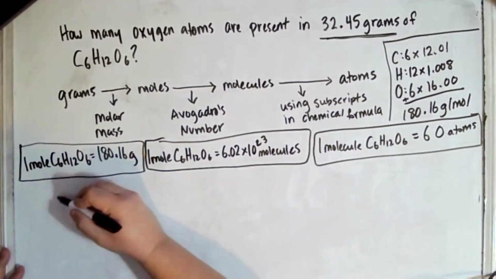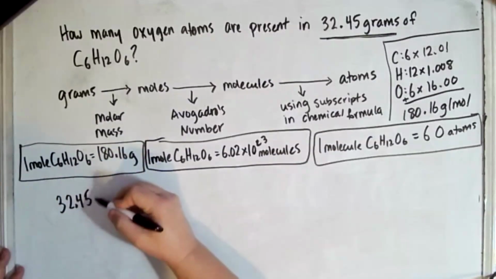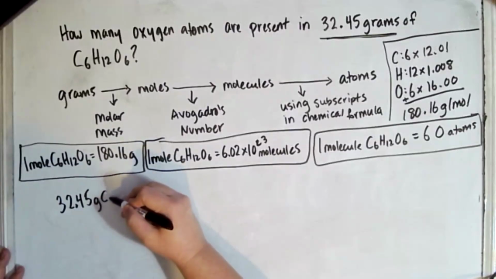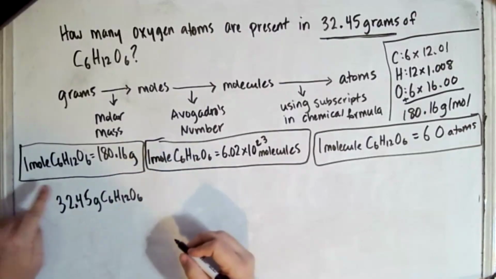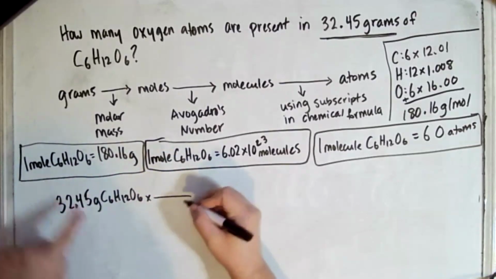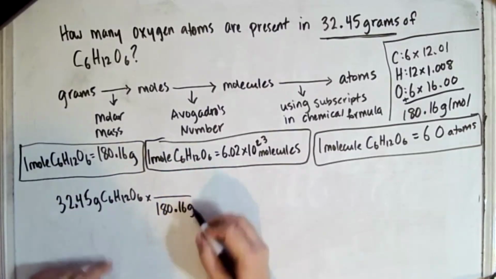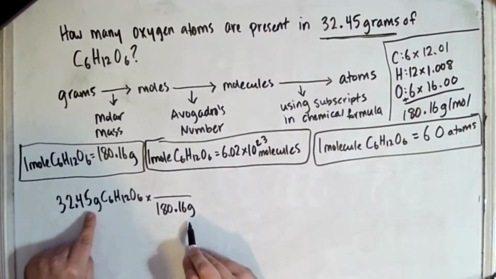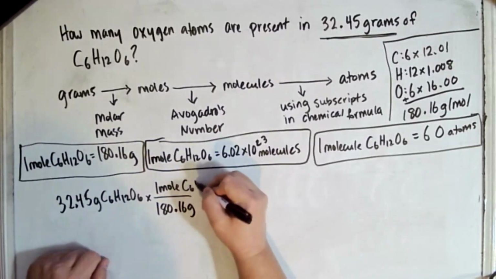So if we start out by writing down our 32.45 grams of C6H12O6, our first step is going to be to go from grams into moles. So we're going to put our 180.16 grams on the bottom so that our units cancel out, and our 1 mole up top.